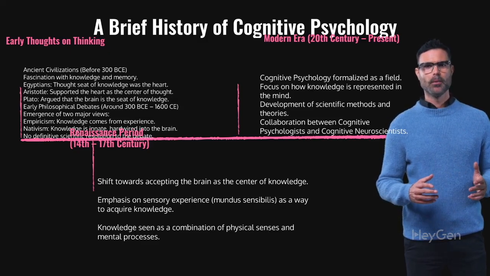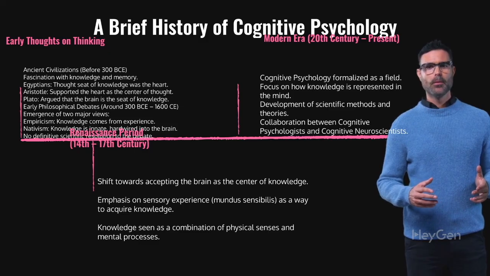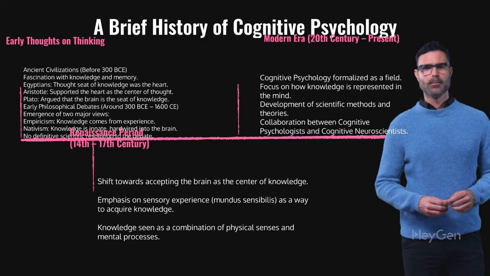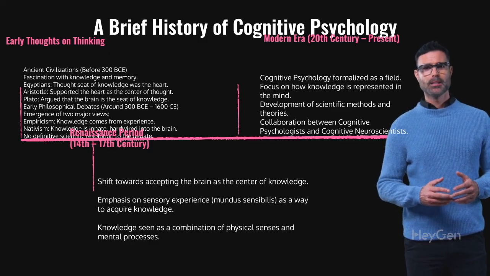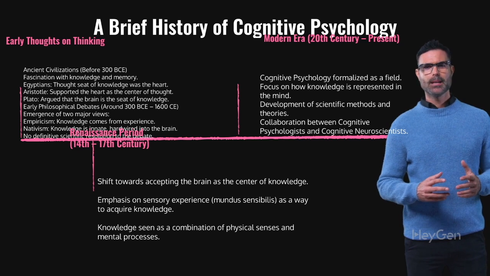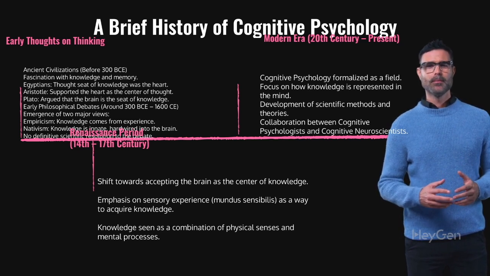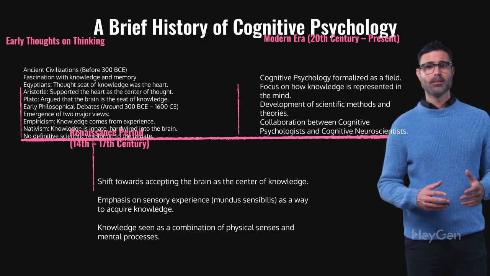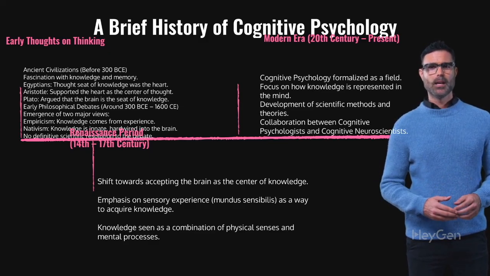They suggested two main pathways for acquiring knowledge: through the physical senses, the mundus sensibilis, or the world of senses; and through abstract thought, the mundus intelligibilis, or the world of understanding. This dual pathway reflected a deeper understanding of human cognition, where both sensory experience and internal reasoning were seen as crucial for learning and knowledge acquisition. The Renaissance thus marked a significant evolution in the way knowledge, thought, and cognition were conceptualized.